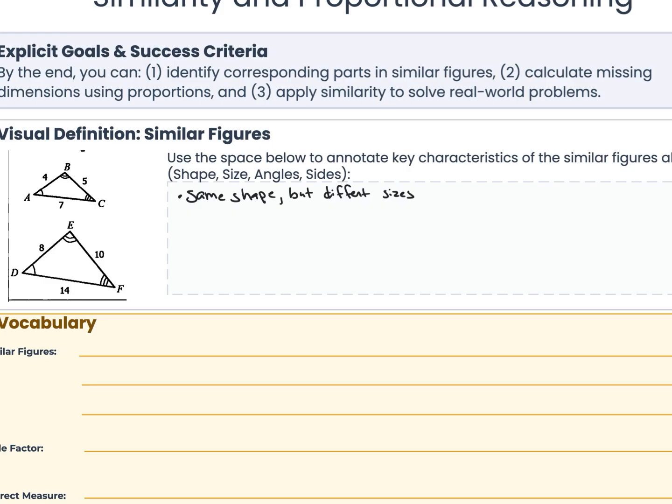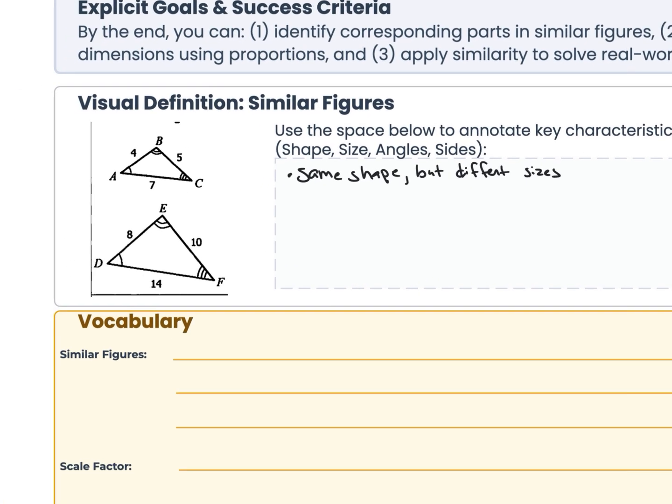With those, you're going to see these little arc marks. If you notice here, angle A and angle D both have 1, angle B and E each have 2, and angle C and F each have 3. These are what are called corresponding angles, and these arc marks show that those corresponding angles are the same.